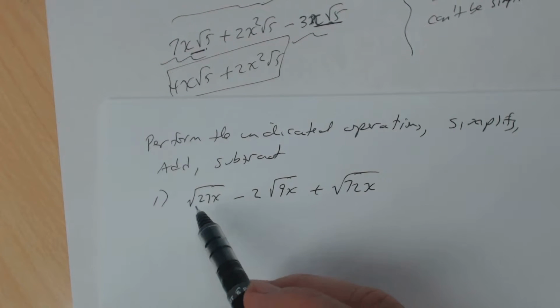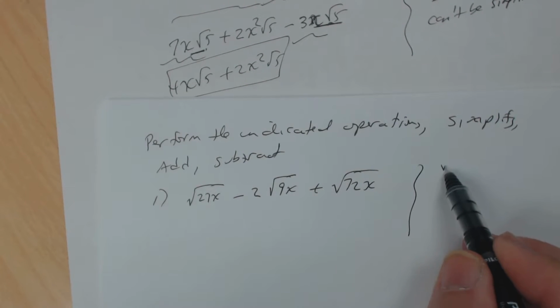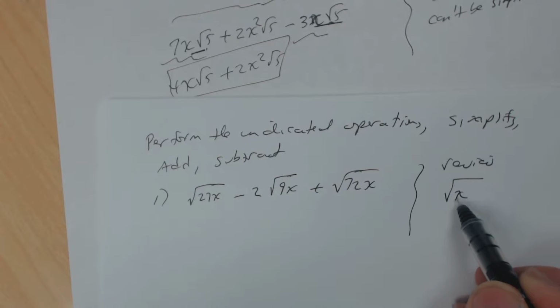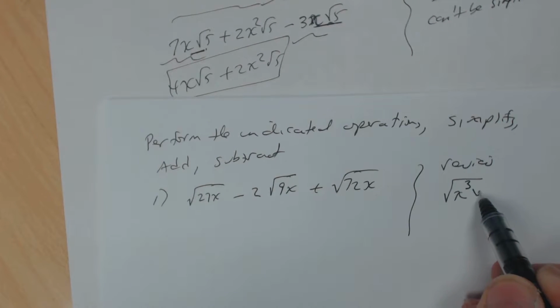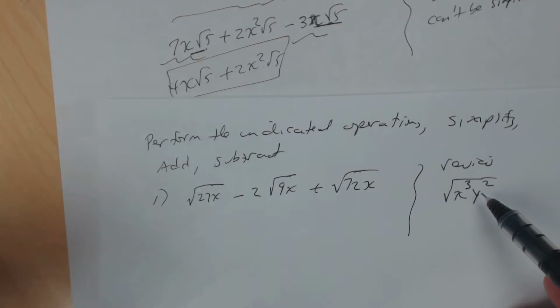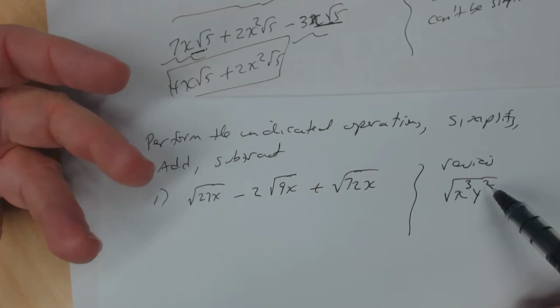All right, now remember, in terms of review, if I had the square root of x cubed y squared, remember what we did. It would be nice if, see, this is square root, so it would be nice if all the exponents were even, and they're not.